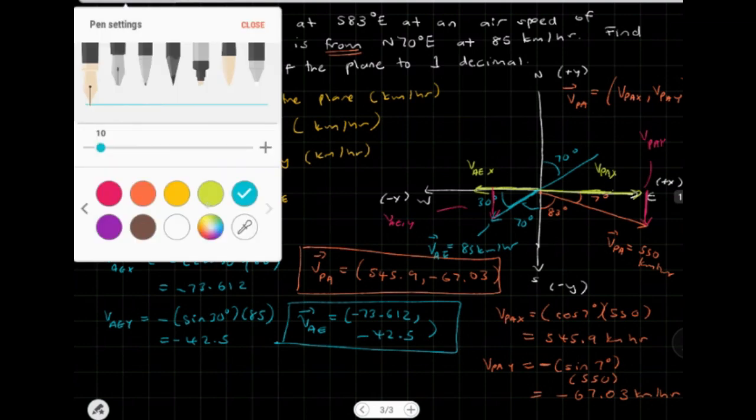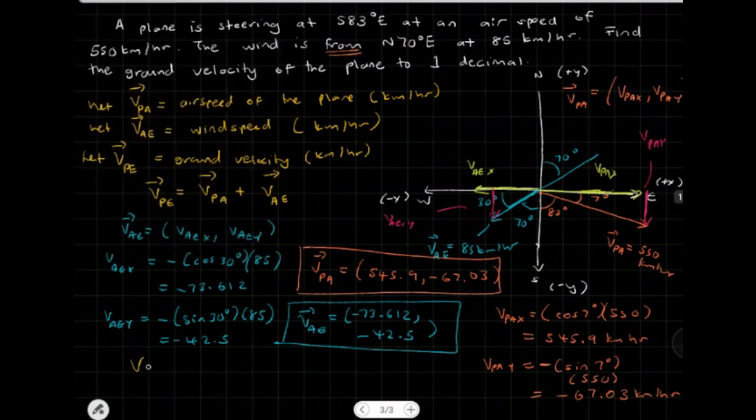So the ground velocity here, I'm just going to do this in yellow, velocity of the plane relative to the Earth is basically equal to 545.9 minus 73.612 and negative 67.03 minus 42.5. So if I crunch this out together, I get 545.9 minus 73.612.